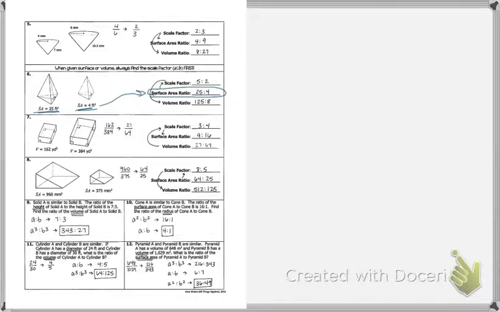So 25 over 4, can I simplify it? Of course I cannot. 25 and 4 don't share a dividing factor. So no, that's as far as it goes. Here's my surface area.